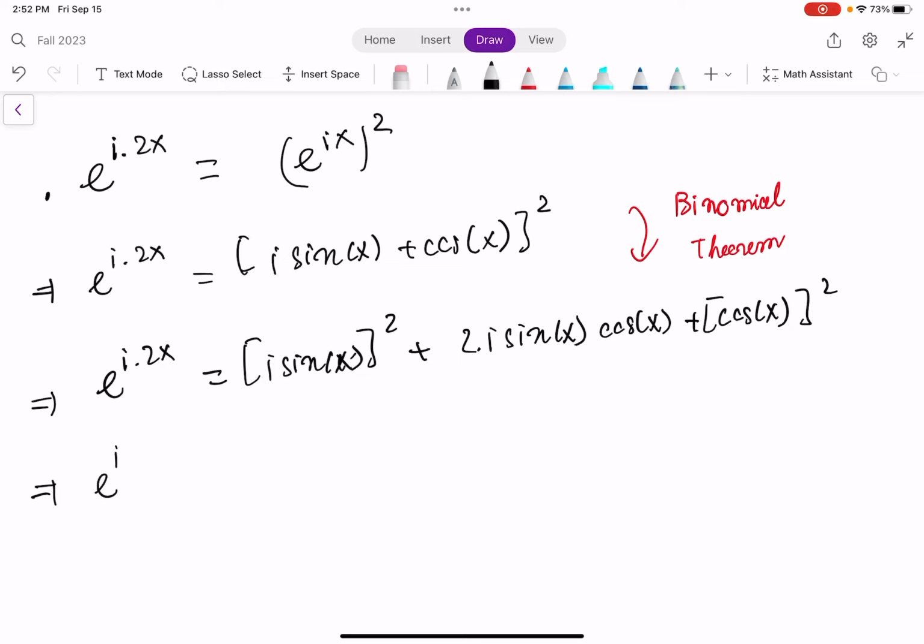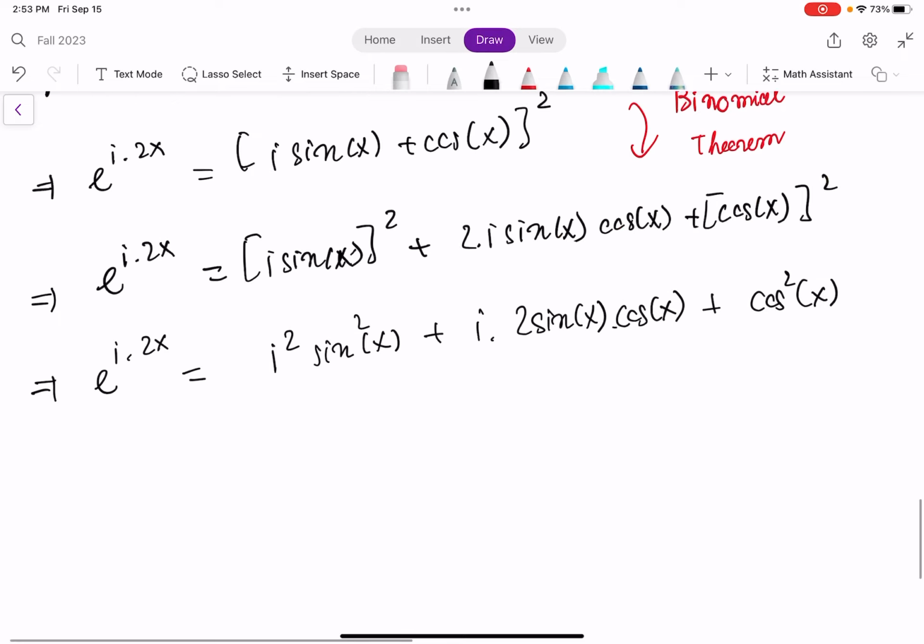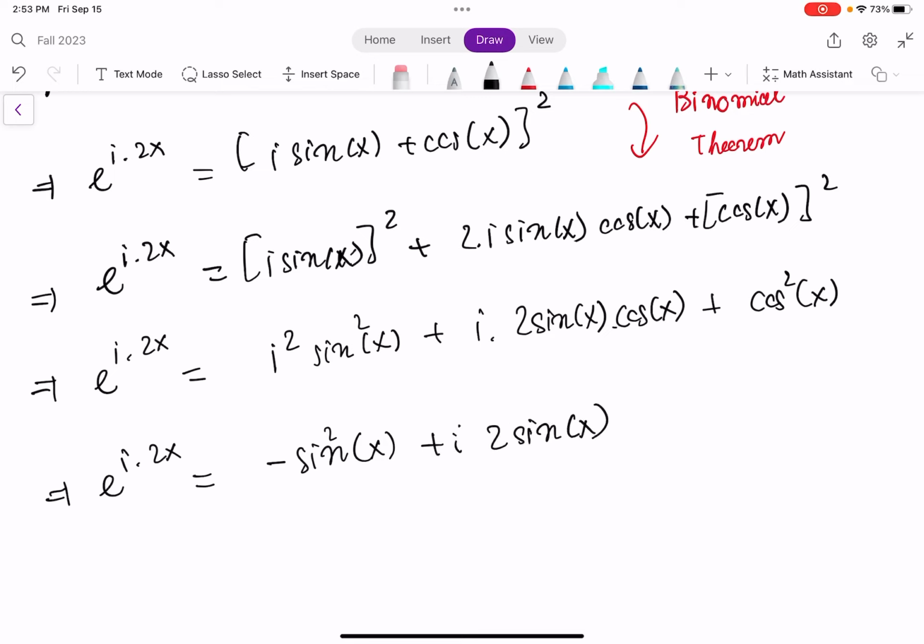So e to the power i times 2x equals i squared sine squared x plus i times 2 sine x cosine x plus cosine squared x. What is i squared? I squared is negative 1, so I write negative sine squared x plus i times 2 sine x cosine of x plus cosine squared of x.